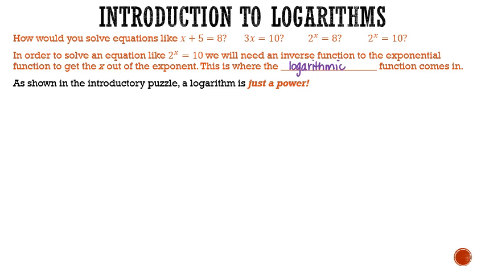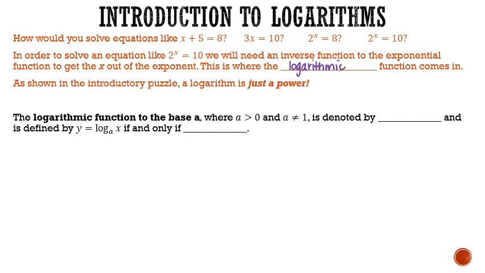As shown in the introductory puzzle, a logarithm is just a power. Mathematically, to define this, the logarithm function to the base a, where a is greater than 0 and cannot equal 1, is denoted by log base a of x, and is defined by y equals log base a of x if and only if a to the y power equals x.